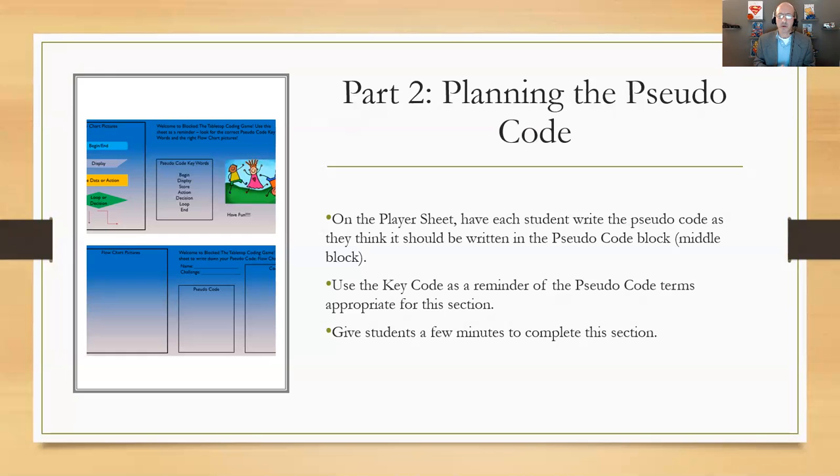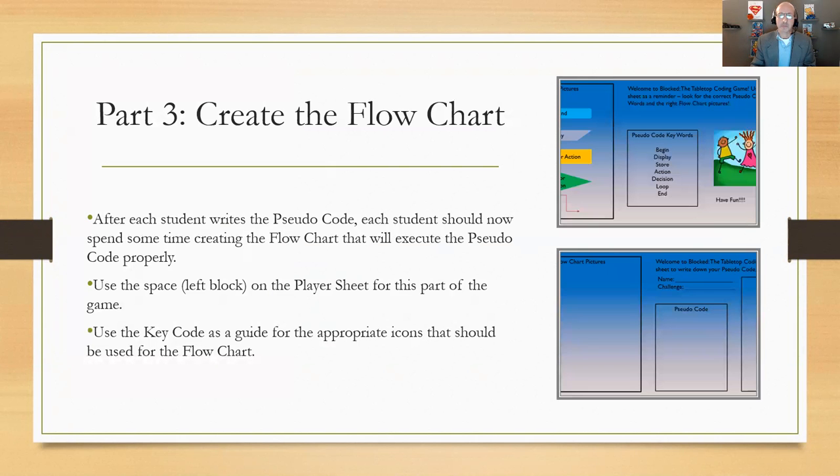So with that, make sure that you give enough time for all of the students to write their pseudocode. And then in the same way, once you see that all of the students have written pseudocode and maybe even have started looking at the flowchart elements, they're going to match the flowchart diagram elements, and in that bigger block area, create the flowchart, okay?